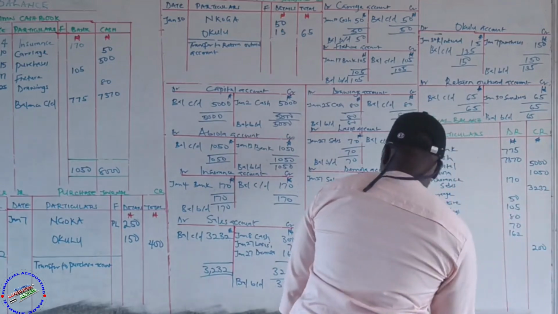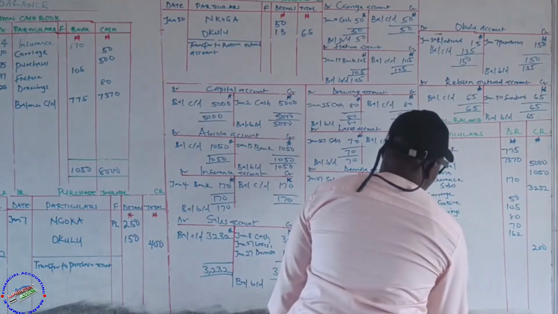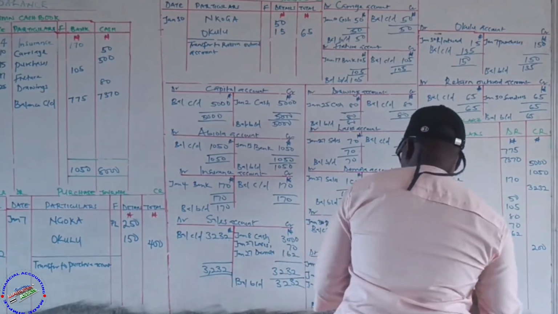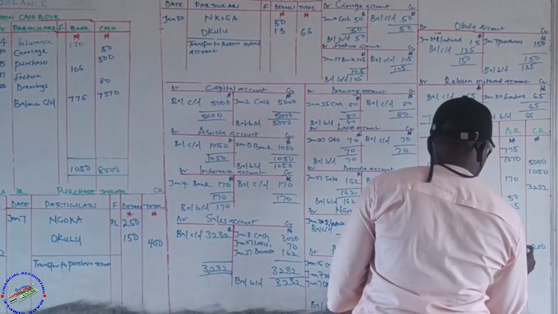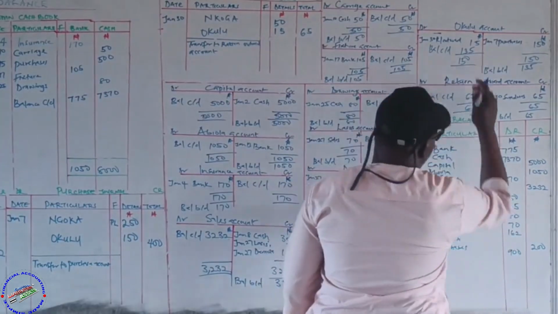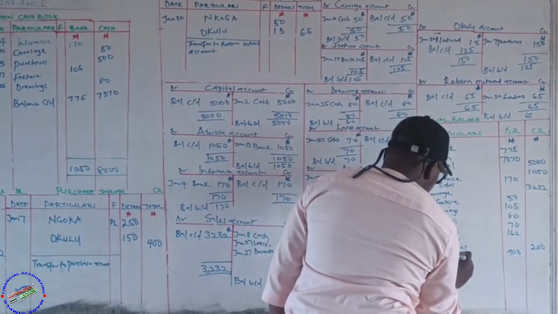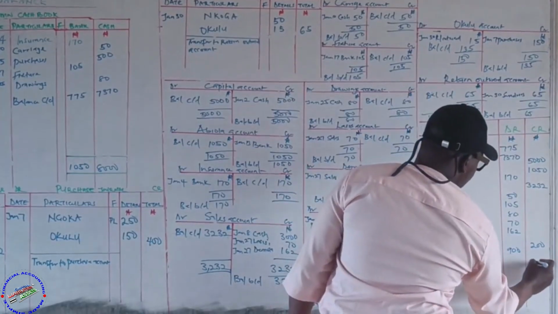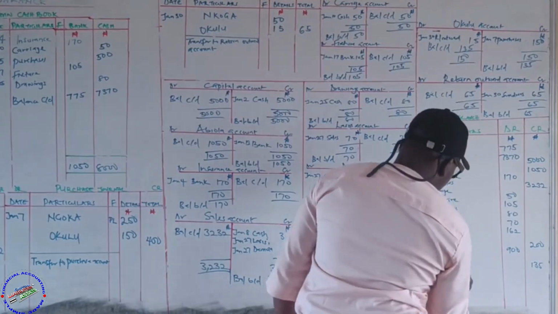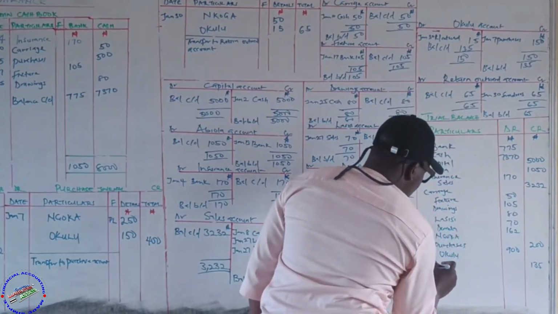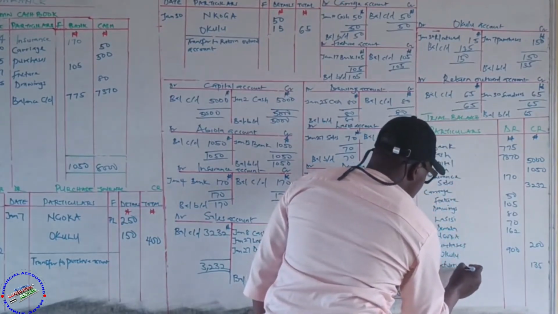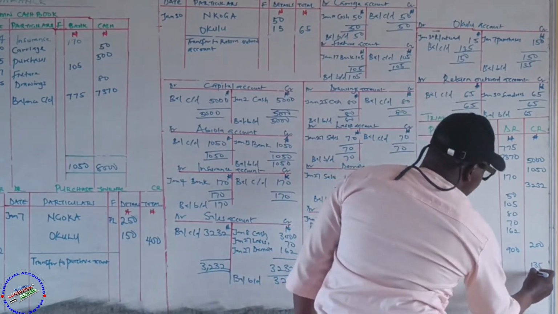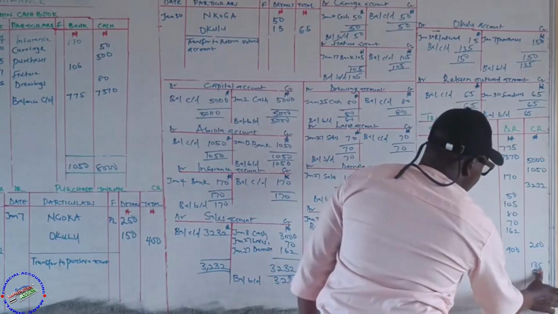And I have purchases. Balance brought down on the debit side, 900. I also have Okulu. Balance brought down on the credit side, 135. And I have return outward, which is the last journal. And the balance brought down is on the credit side, 65 naira.